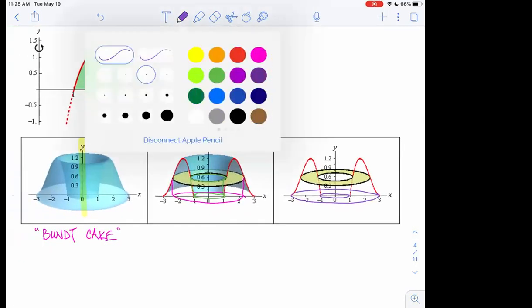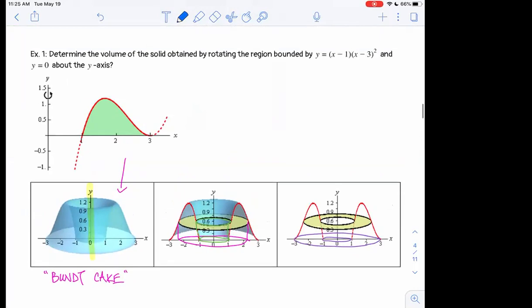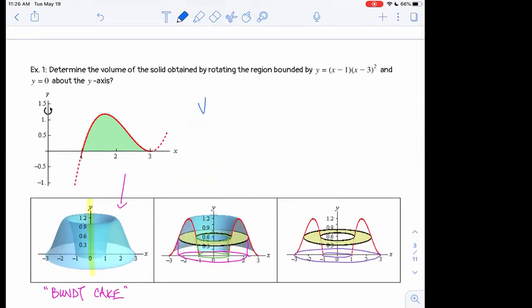So now that we've kind of done a lot of talking, that washer method is not going to work, so we need shell method. Let's go ahead and write out our formula and choose which one we want, okay? So I have 2 options when it comes to shell. I can say volume equals 2 pi the integral of RH dx, or I can say volume equals 2 pi the integral of RH dy.